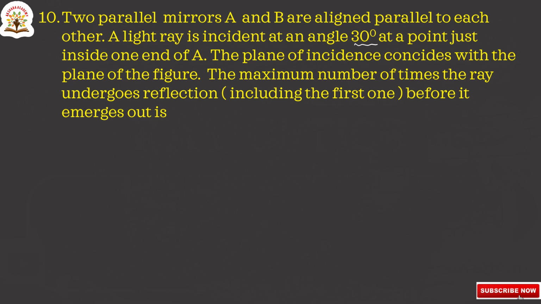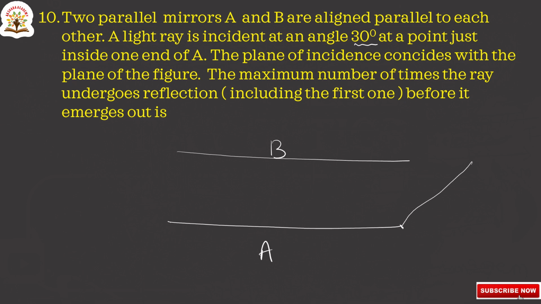So here they have given two plane mirrors. This is one plane mirror and this is another plane mirror. This is B and it is A. Two plane mirrors A and B are aligned parallel to each other. A light ray is incident at an angle 30 degrees at a point just inside one end of A. Here this is the one end of A. From here to here a light ray is incident at an angle 30 degrees.